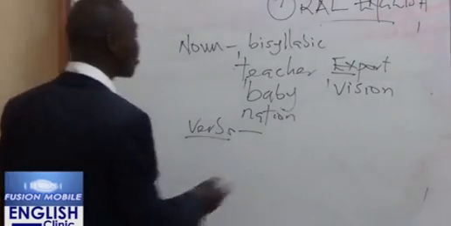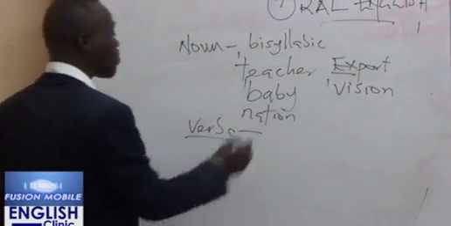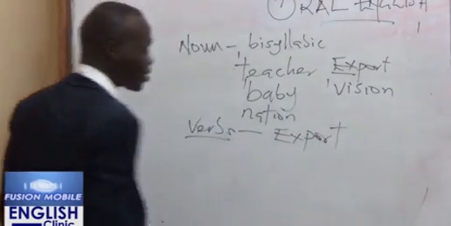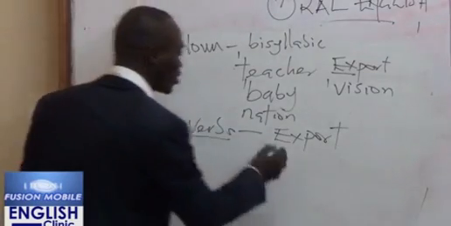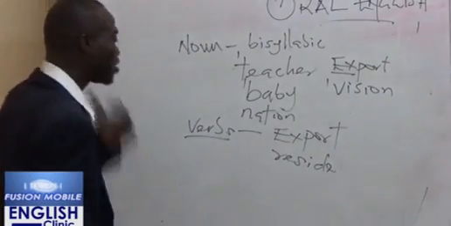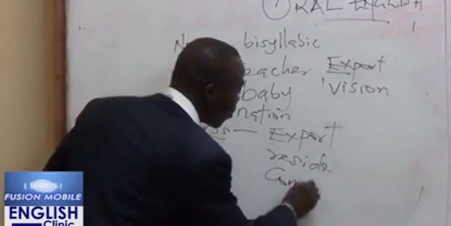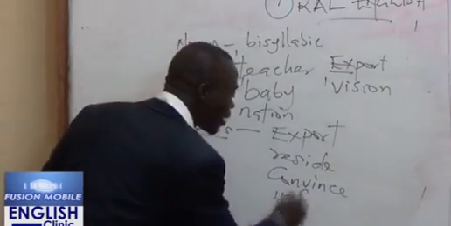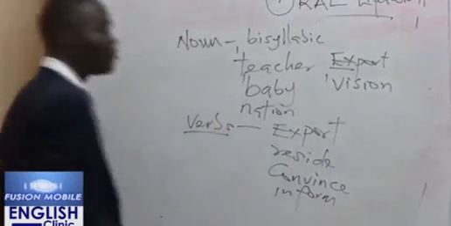Examples of verbs that are bisyllabic are export, reside, convince, inform.